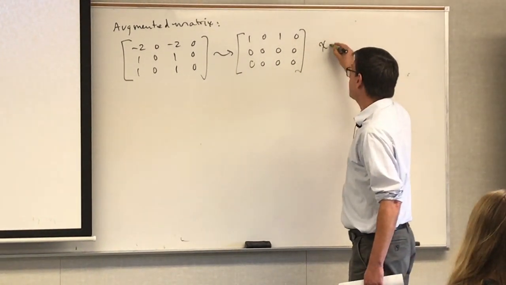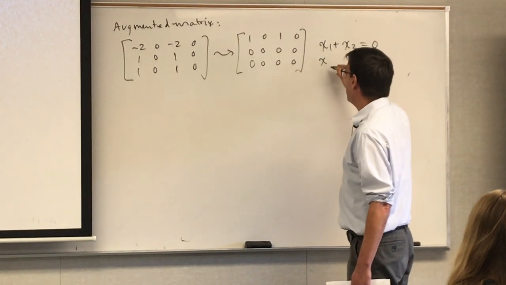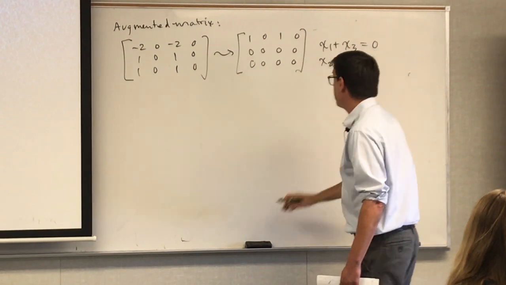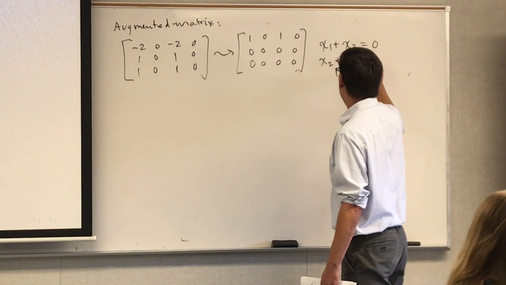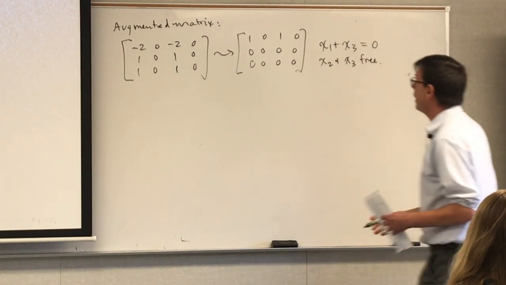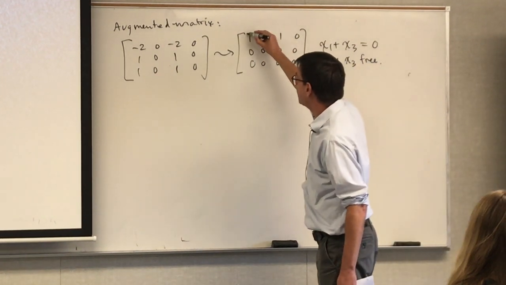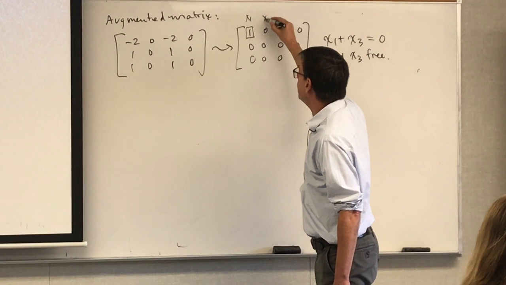So I have x1 plus x3 equals 0. x2 and x3 are free, right? So I have only one pivot position, corresponding to x1.